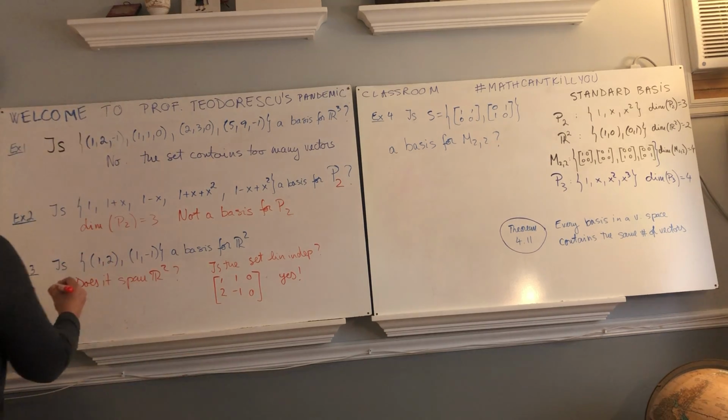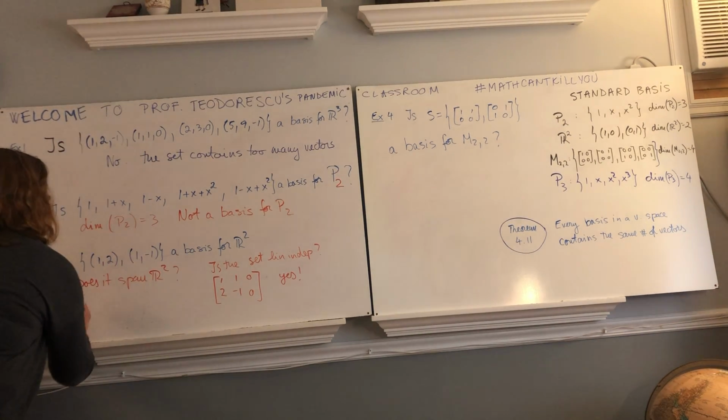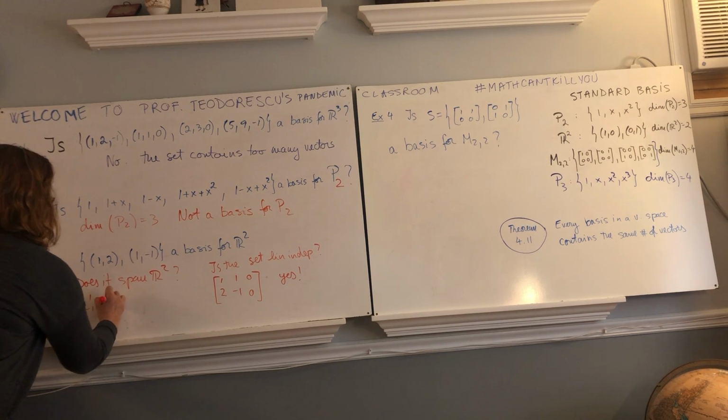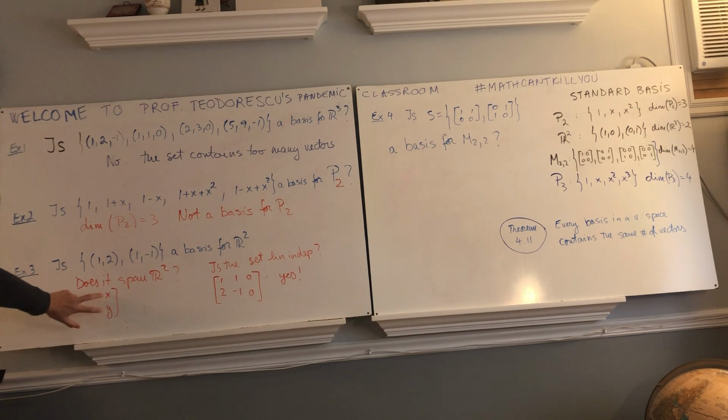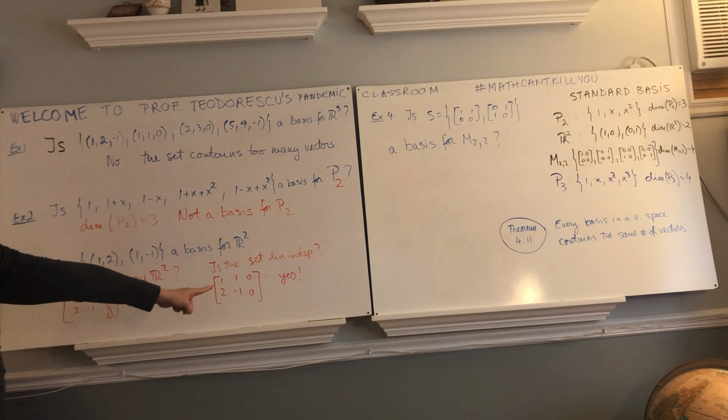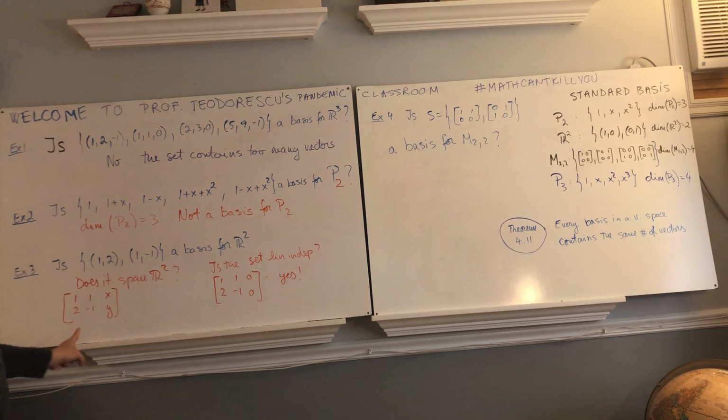The computation for does it span would go 1, 2, 1, negative 1, and then you want a general vector here. You want to be able to express any vector in R2 as a linear combination of these 2 vectors. If that matrix row reduces to the identity, so will this. That means this will have a unique solution, right? You're not going to get a row of zeros here, so you're not going to get infinitely many solutions.